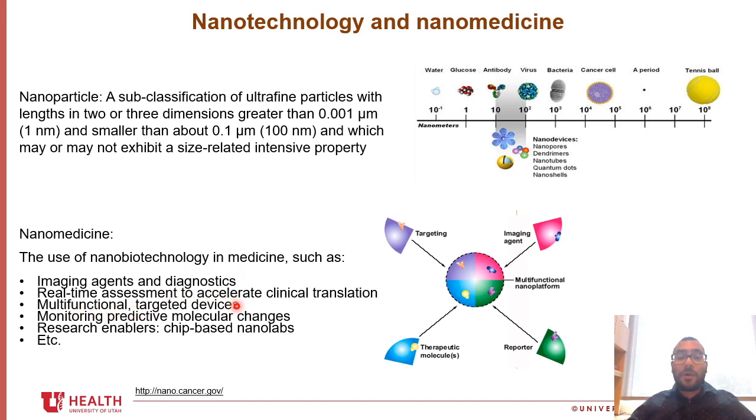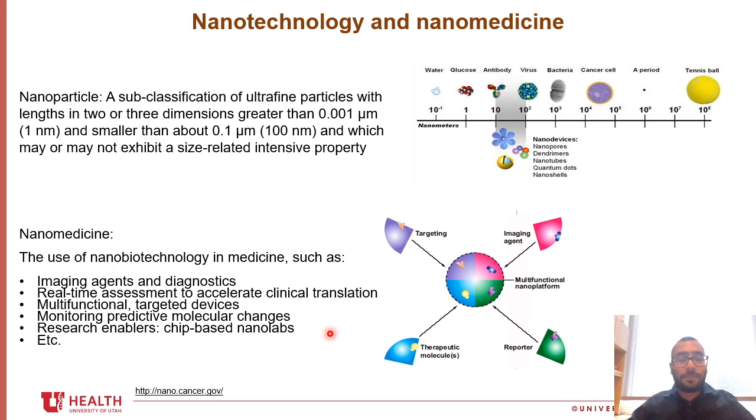We can use different nanoparticles, we can put different targeting moieties on those nanoparticles and direct them towards a particular location in the body. We can also do chip-based nanolabs. So these days a lot of chip-based research is going on where you can create organs on a chip so that you don't have to do a lot of research in live animals, and you can do that research on how these drugs and these drugs inside the nanoparticles are going to behave in an organ.